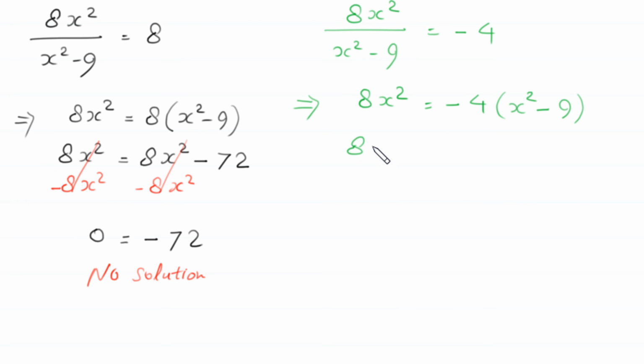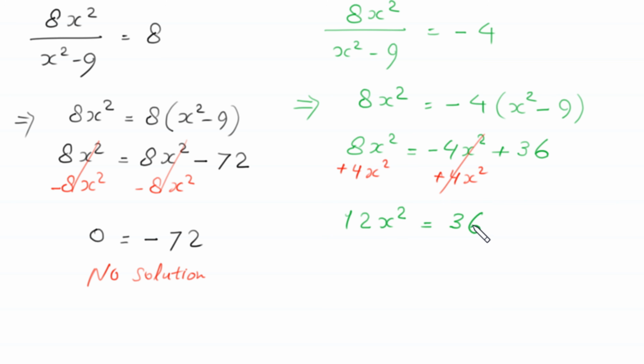Next, 8x squared is equal to negative 4 times x squared will become negative 4x squared, and negative 4 times negative 9 will become plus 36. And if we add 4x squared on both sides, then this gets cancelled, and 8x squared plus 4x squared will become 12x squared is equal to 36.